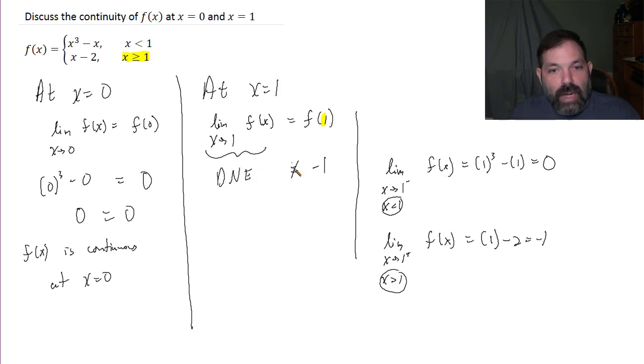And so therefore it cannot be equal to negative 1, so we cannot prove that the function is continuous at x equals 1. So we would say the function is discontinuous at x equals 1.